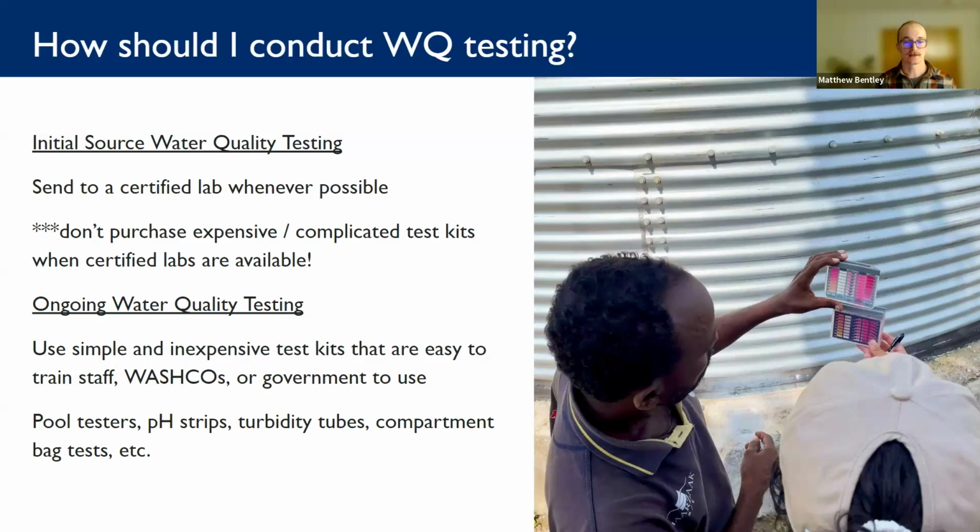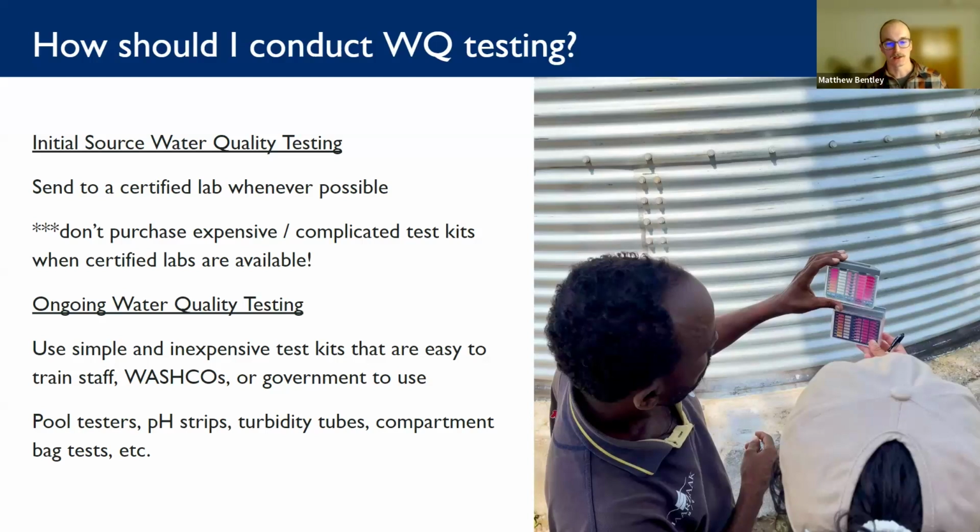That's often preferred because it's a lot more simple to send a sample off to get tested. Those certified labs are often highly reliable and can be done very cost effectively. And complicated, expensive test kits don't often get used the way that they need to be to maintain water quality throughout an award. So this is a way to save money and time and also complexity, make things simple.